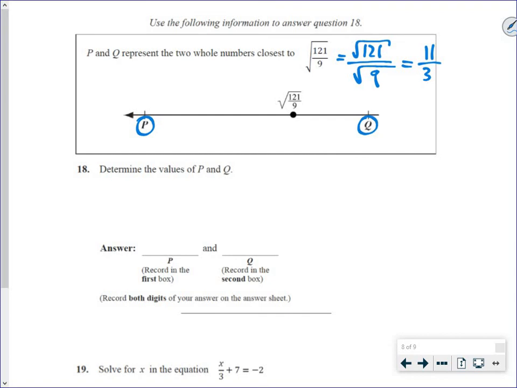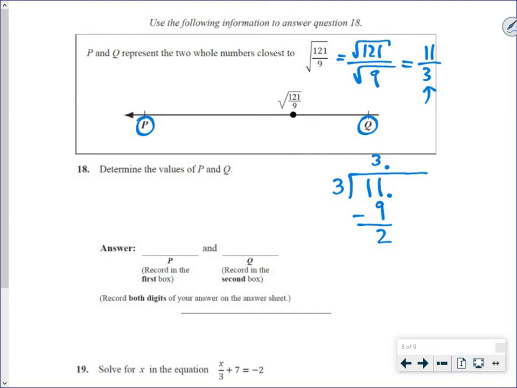Whole numbers meaning like 1, 2, 3, 4, 5, and so on. 11 over 3 is a fraction. What would that be as a decimal? So for me to figure that out, I need to divide 3 into 11. So 3 fits into 1 0 times. 3 fits into 11 3 times. So 3 times 3 is 9. 11 subtract 9 is 2.